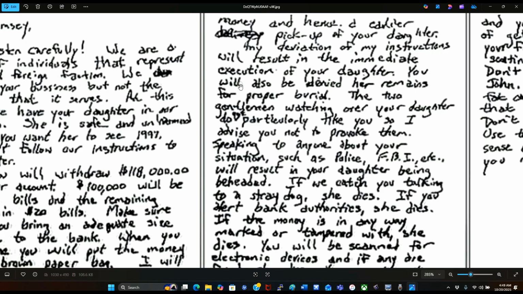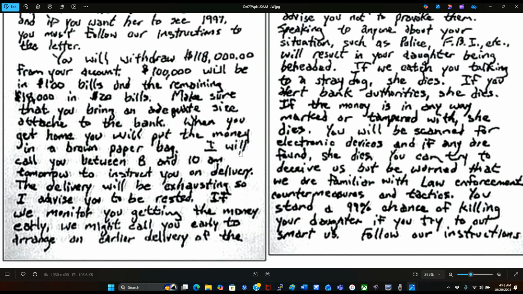That is a picture, that is a code, but that's a different story. But he says, the delivery will be exhausting, so I advise you to be rested. If we monitor you getting the money early, we might call you early to arrange, and then that's hard to read. It's supposed to be an earlier delivery, but there's some more code here.